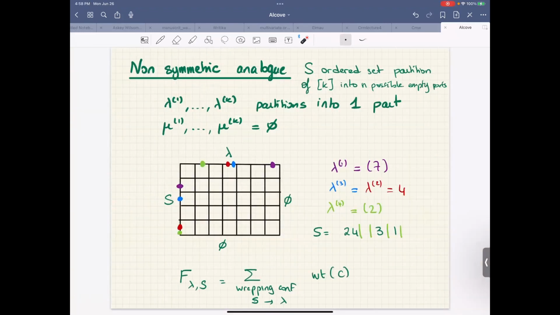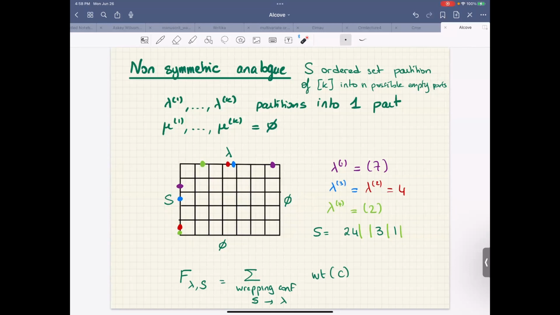What you can do also with this vertex model is something that's also classical, to do some non-symmetric analog. I'm going to take the case where mu1, ..., mu k are empty, and lambda1, ..., lambda k are just partitions into one part. Now rather than making my paths start at the bottom, I propose that they start in a certain order on the left-hand side.